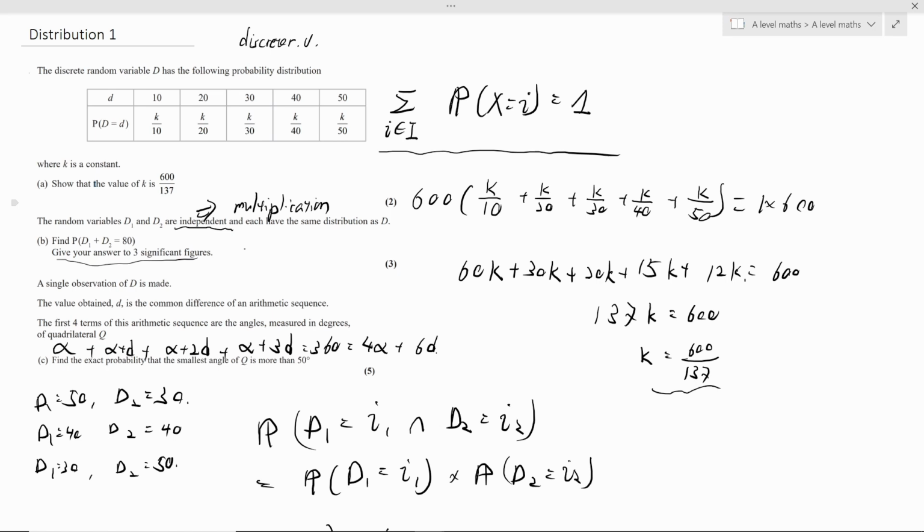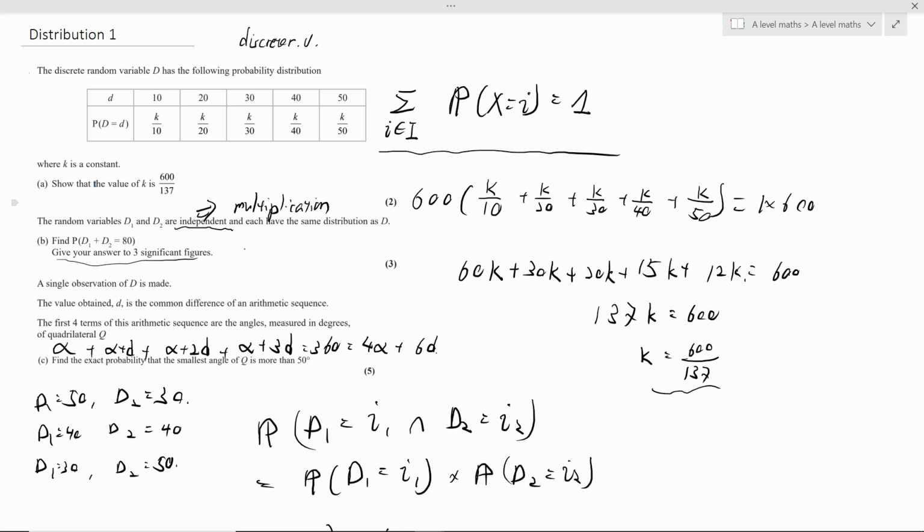That was geometric. And for arithmetic sequences, we'd like to investigate what they sum up to. In this case, we like to sum up the first four terms, not angles. Obviously, they are angles, but in this particular question, they give the terms some specific meanings.